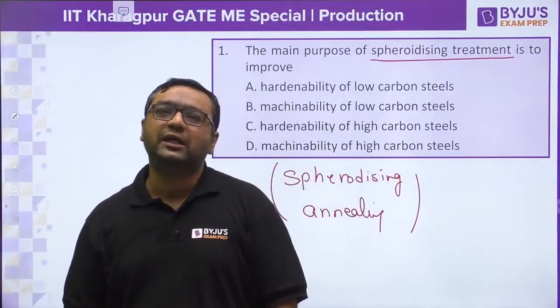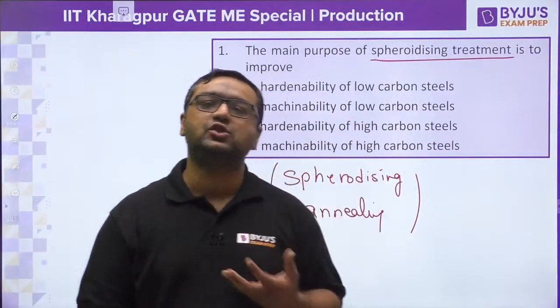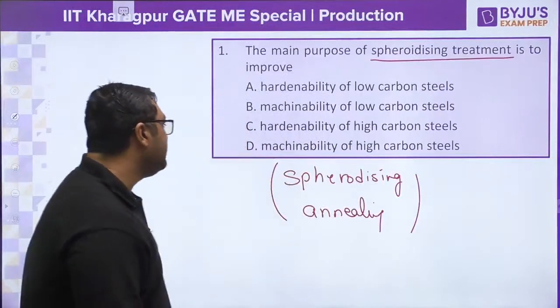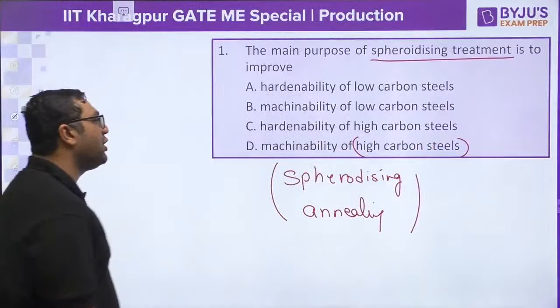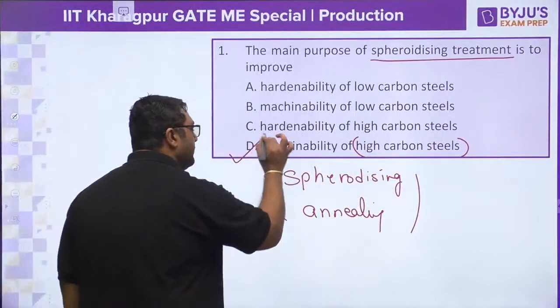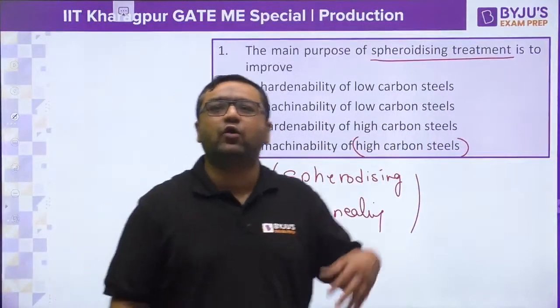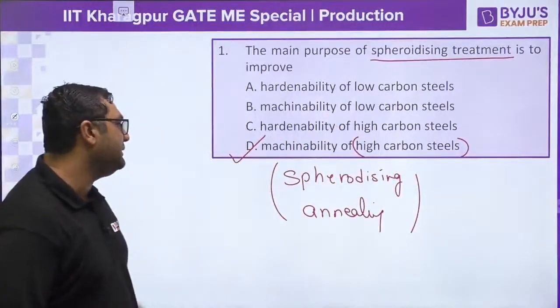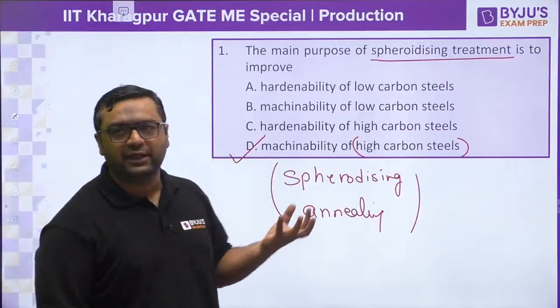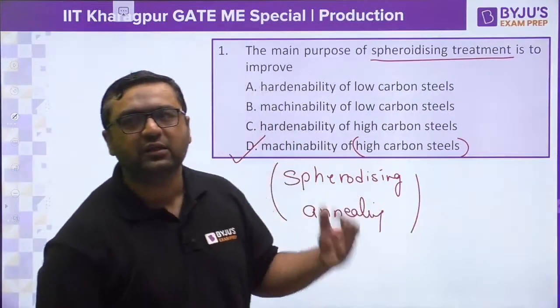Because low carbon steel is mild and does not respond to heat treatment. So first, it will be high carbon steel. And spheroidizing basically improves the machinability. So don't worry if you don't know, you will get the answer. Spheroidizing is done to improve the machinability of the material.